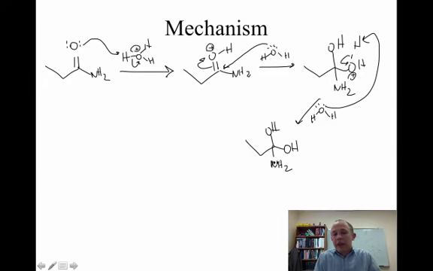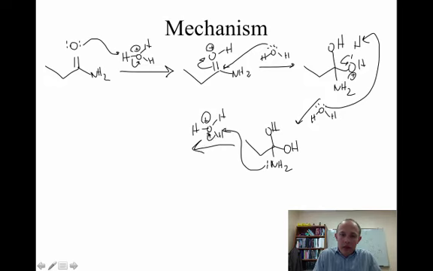We're hydrolyzing the amide, so the NH2 is going away. And the trick that we keep seeing over and over again is if you want to get rid of something, protonate it to turn it into a better leaving group. So we're going to use this source of protons that we have to protonate the NH2 to make it into ammonia, which is a good leaving group. It would be neutral if it left, NH3 plus.